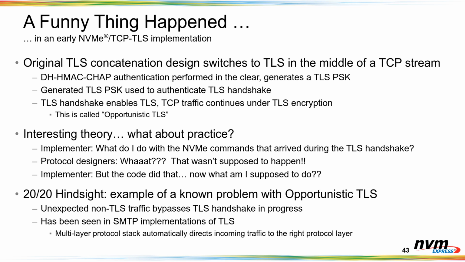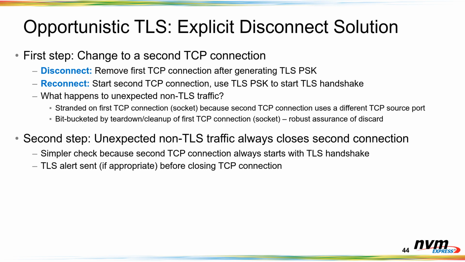What's really going on is under the stack. A multi-layer protocol stack tends to be very good at directing incoming traffic to the right protocol layer, and TLS is at a significantly lower protocol layer in the stack than the NVMe traffic.